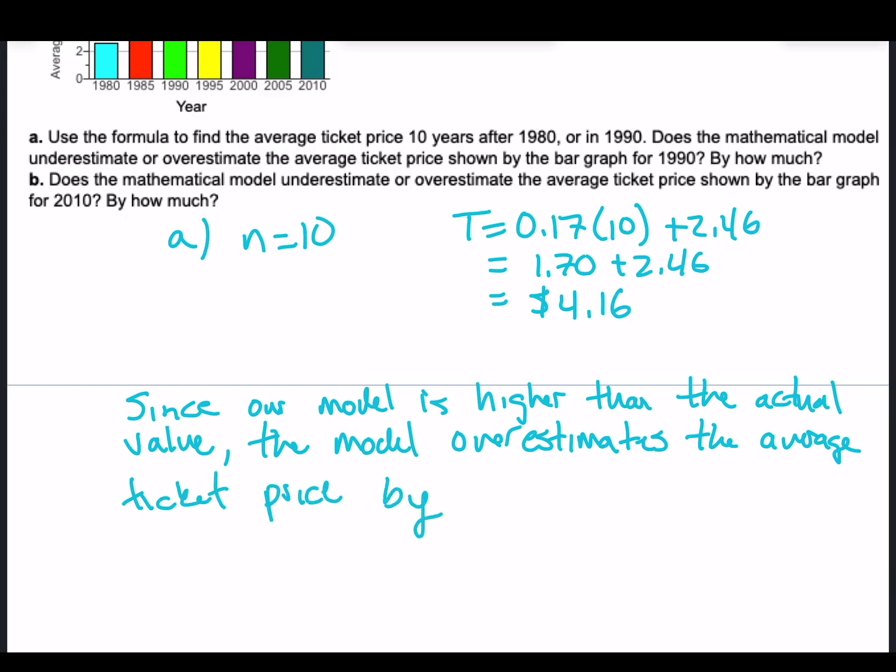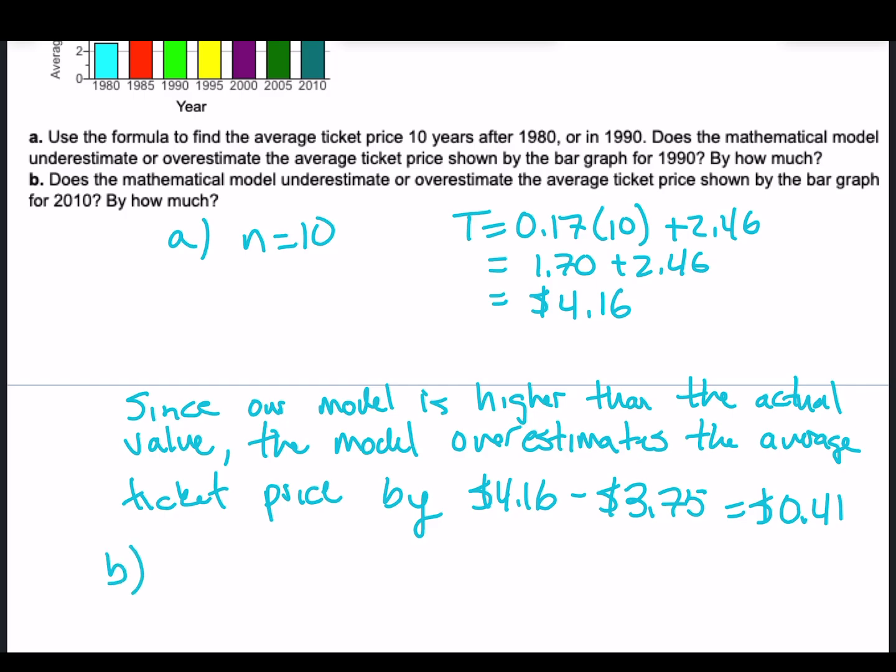By the difference between 4.16 minus the actual price, which was 3.75, or 41 cents. Okay, part B says, does the mathematical model underestimate or overestimate the average ticket price for 2010?